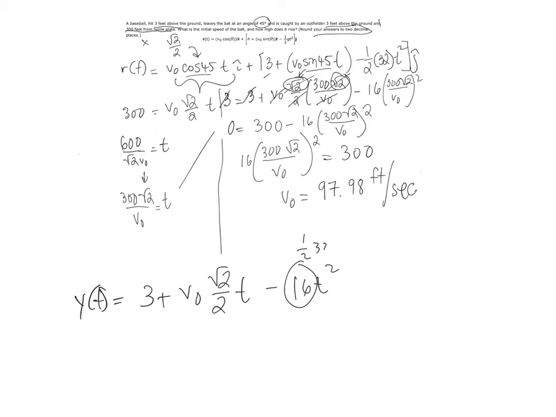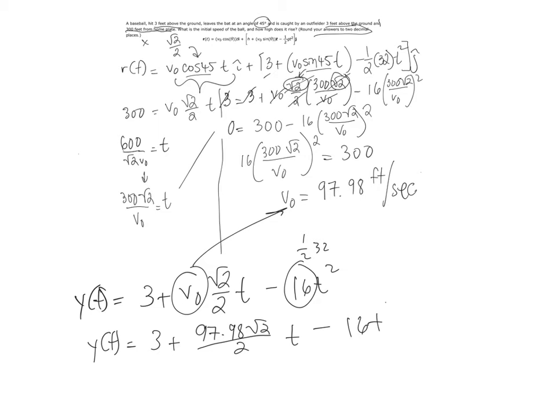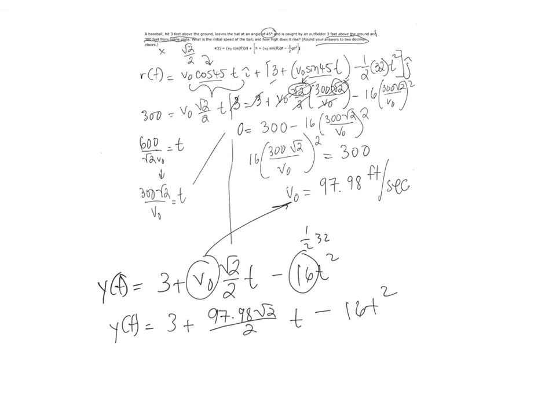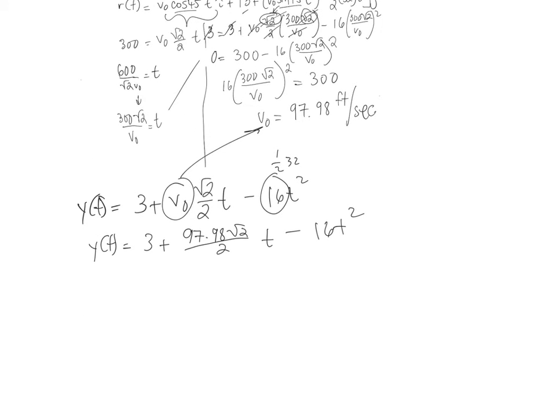So now you can plug in the v naught from the previous solution. So then you have y of t equal 3 plus 97.98 root 2 over 2 times t minus 16t squared. Now at this point, you can take the derivative. So y prime of t equal, 3 goes away.